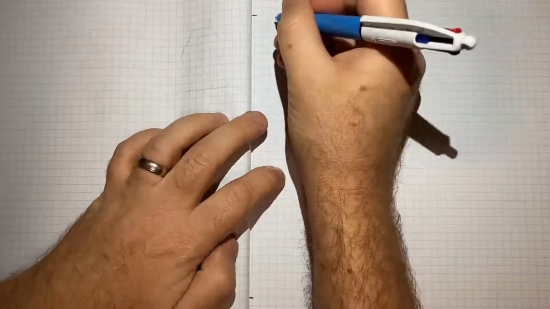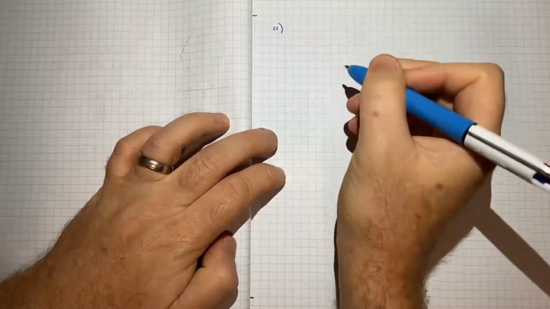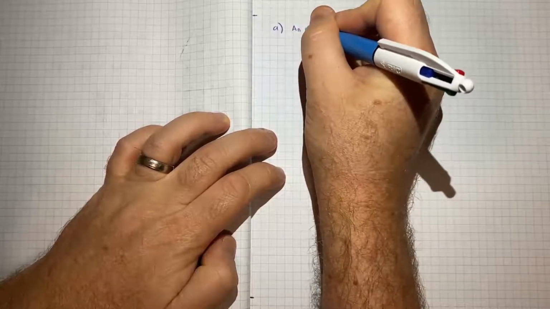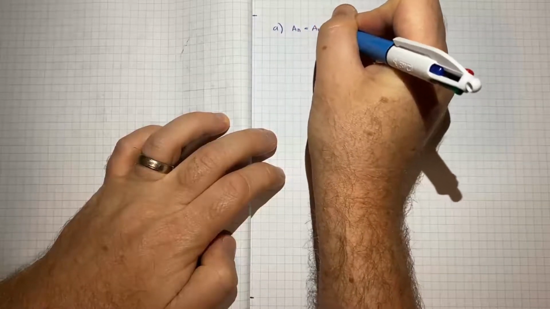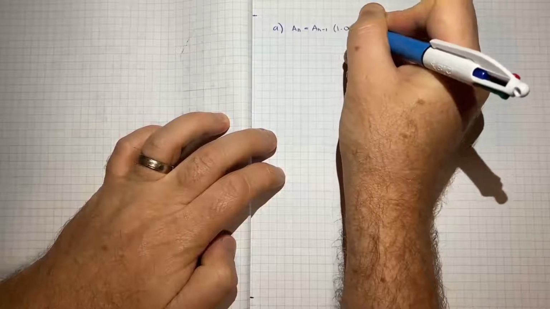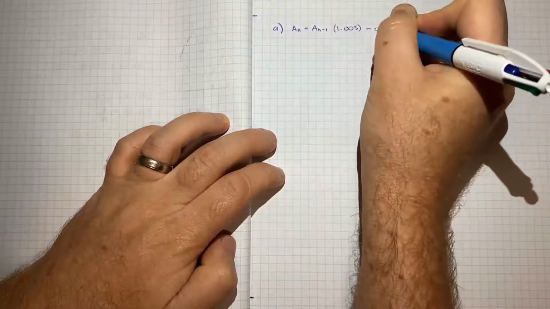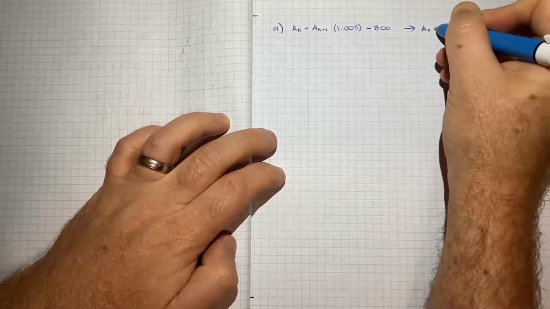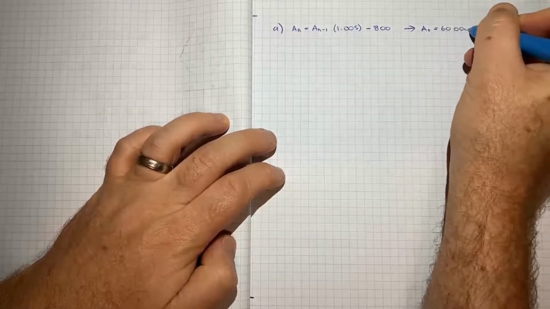So for part A, we need to make use of this recurrence relation, which is that A_n is equal to A_(n-1) times 1.005 minus 800. And we also know that A_0 is equal to 60,000.